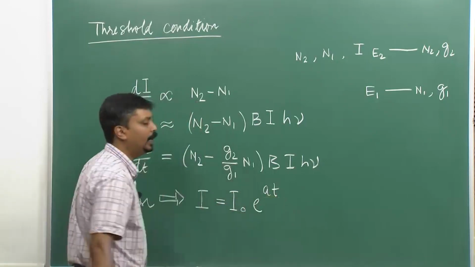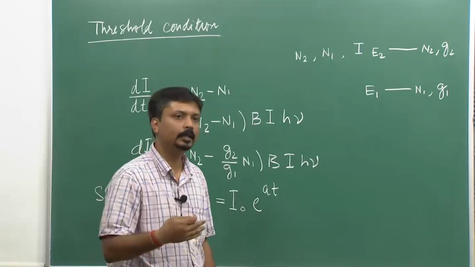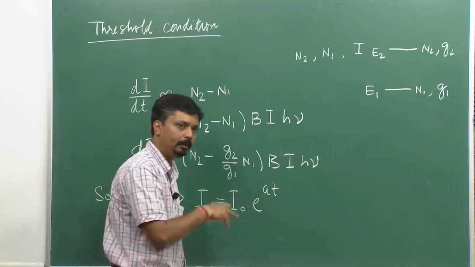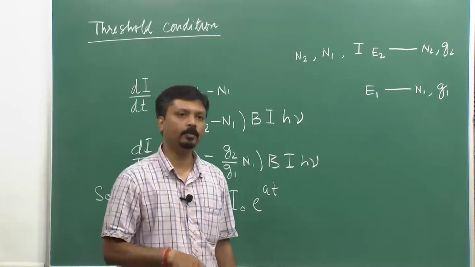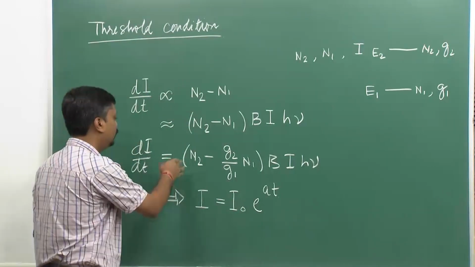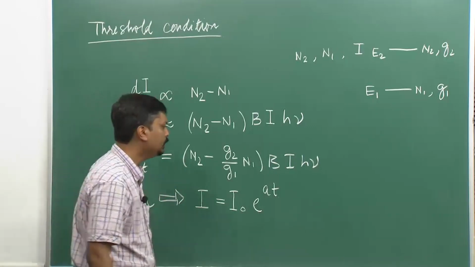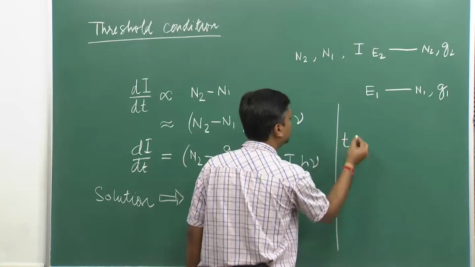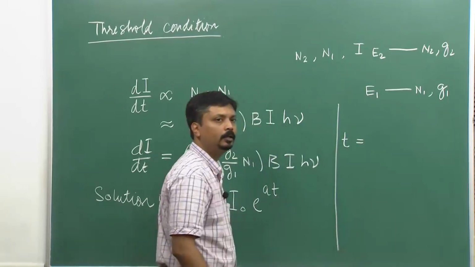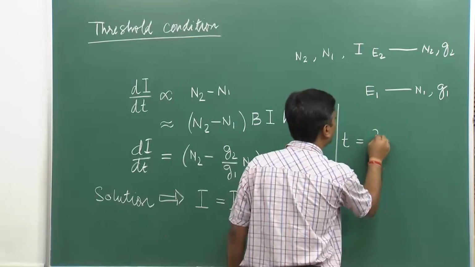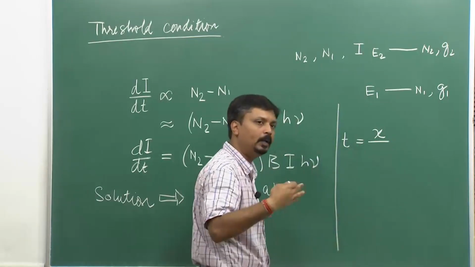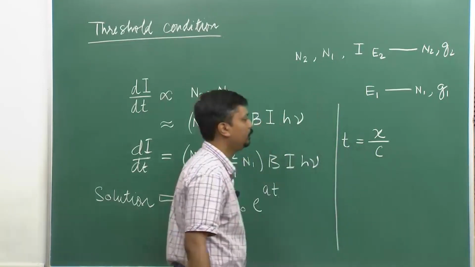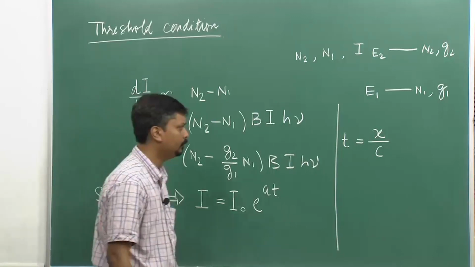Now, we know that time is related to distance and to the speed of light, and we can correlate the time with the distance using the speed of light, because we are dealing with the properties of light only. So, t is equal to x, where x is my distance, whatever that be, by the speed of light, correct.